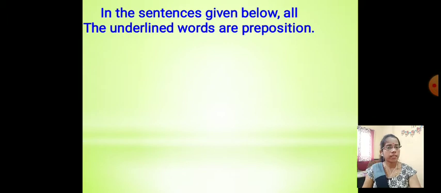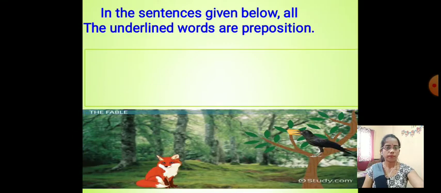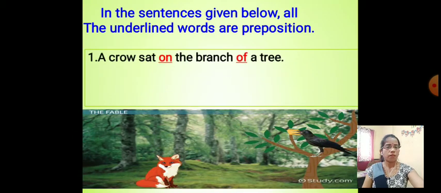In the sentences given below, the underlined words are prepositions. First one, a crow sat on the branch of a tree. Here in this sentence, on and of show that these are the prepositions which are related with the noun and pronoun.